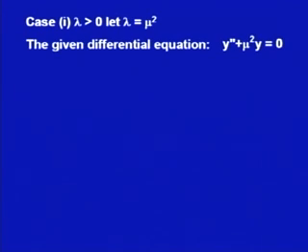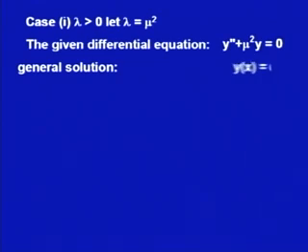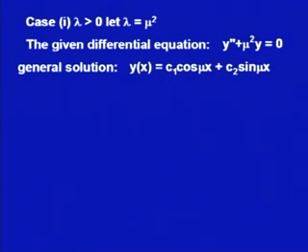That is m square plus mu square is equal to 0, which gives two complex conjugate characteristic roots, plus minus mu i. Thus we get the general solution of the form C1 cos mu x plus C2 sin mu x. That is why I have taken lambda is equal to mu square; otherwise I would have to write square root lambda here.